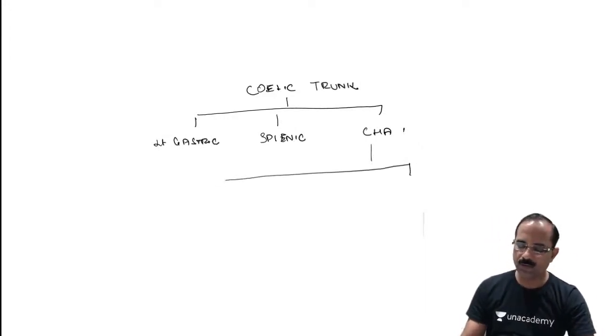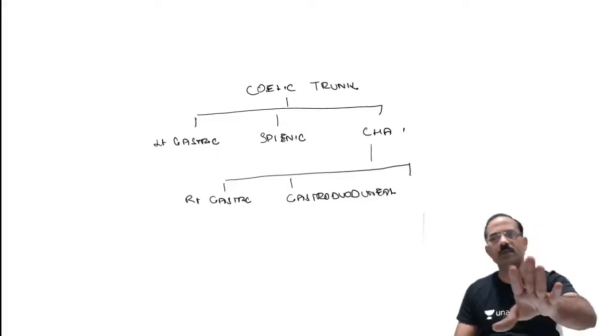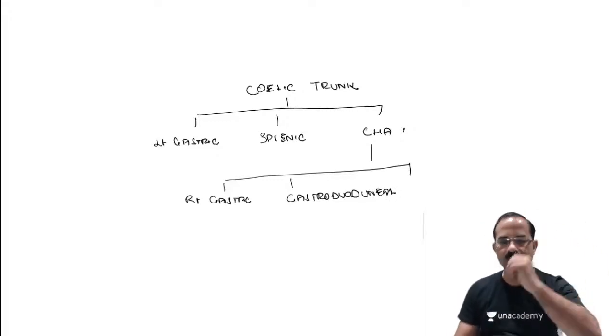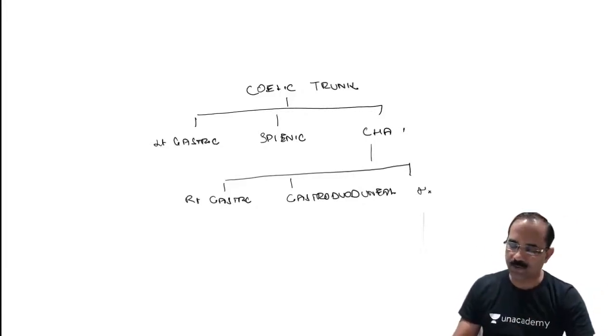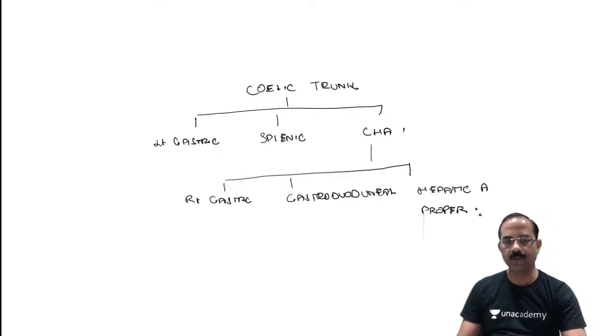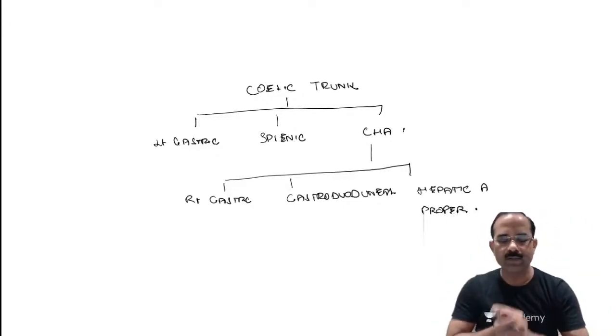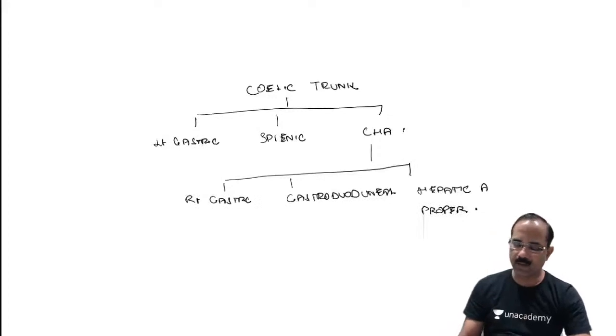The common hepatic gives further three branches. One is the right gastric, the gastroduodenal, and the third artery goes to the liver, and this is what we call the hepatic artery proper. Clear? So the three branches of the common hepatic artery are the right gastric, the gastroduodenal and the hepatic artery proper.